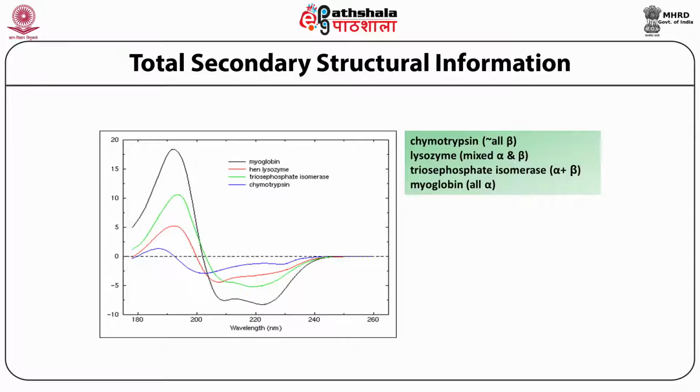Triose phosphate isomerase has an alpha plus beta content, and in green you see the peak intensities are different in both positive and negative regions. However, myoglobin is a purely alpha helical protein and has a typical alpha helical characteristic spectrum. Based on these data, you should be able to get the structure information of another protein for which you measured its CD spectra and compare with these data.